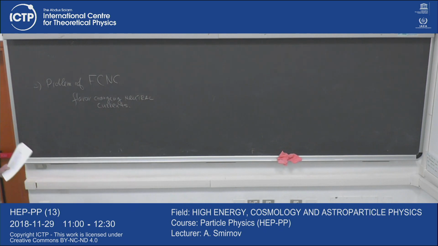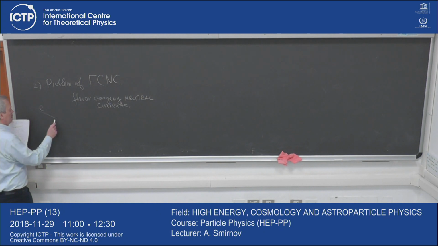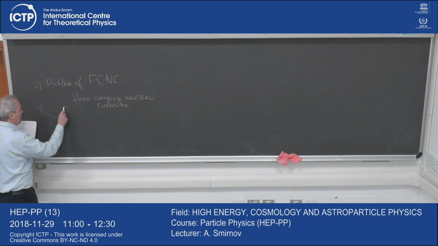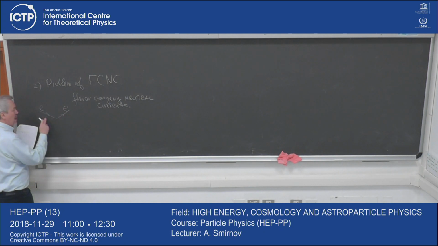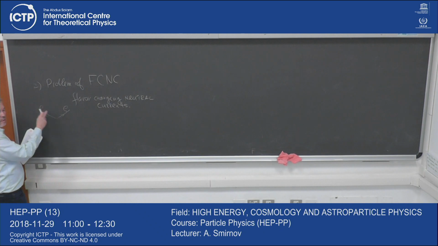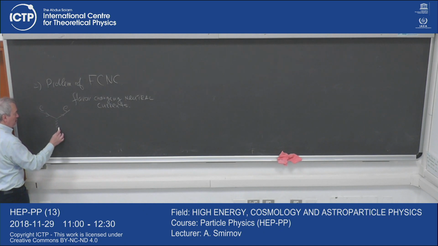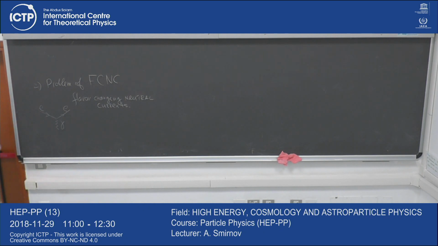So what is this problem and what are these currents? Electrodynamics is based on neutral currents. We have an electron and we have an electron final state. So we have the current when electron transforms to electron, or muon to muon, U quark to U quark, proton to proton. And this is of course related to the neutrality of the mediator, which is the photon.